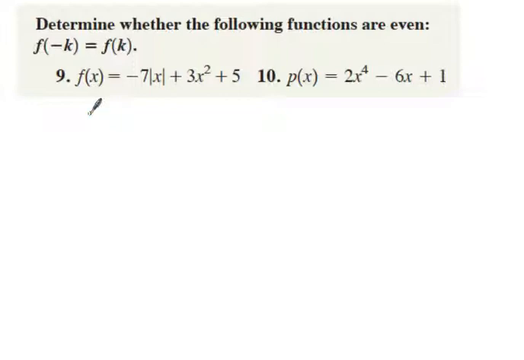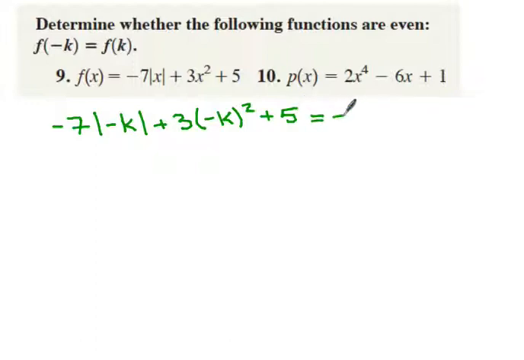And so I will plug in negative 7 times the absolute value of our negative value, so negative k, plus 3 times our negative k squared, plus 5. I want to know, does all of my negative x's go to the same destination as all of my positive x's?